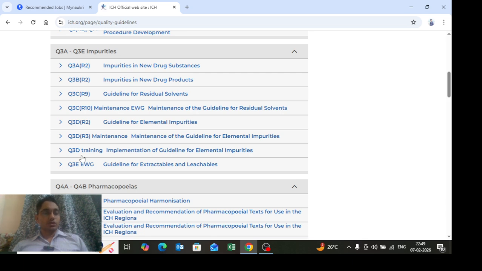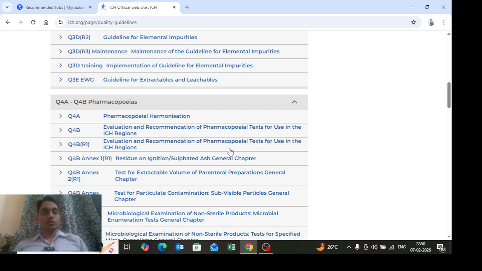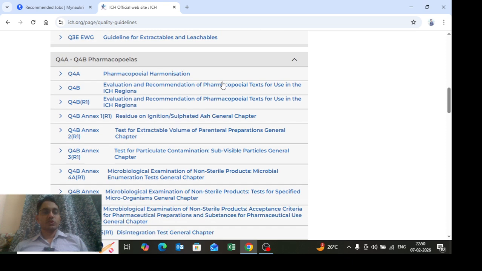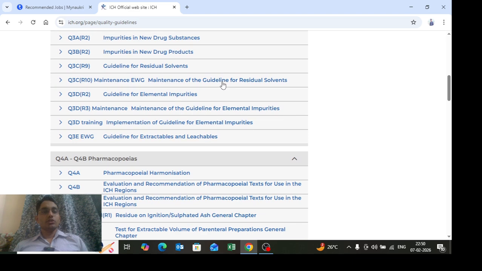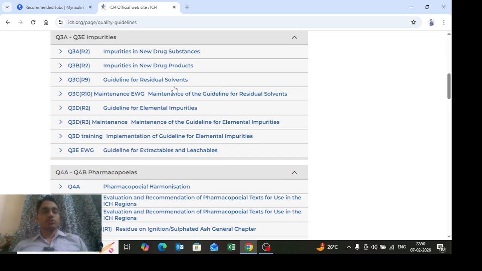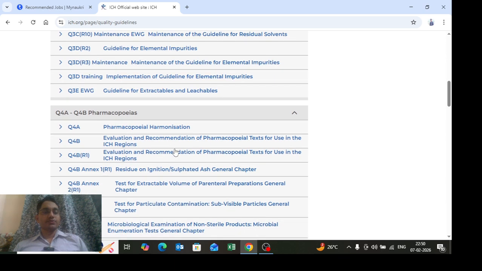Then Q3D training implementation guideline of elemental impurities. Then Q3E EWG, guideline for extractables and leachables. Impurities mainly consist of residual solvents, elemental impurities, and extractables and leachables.